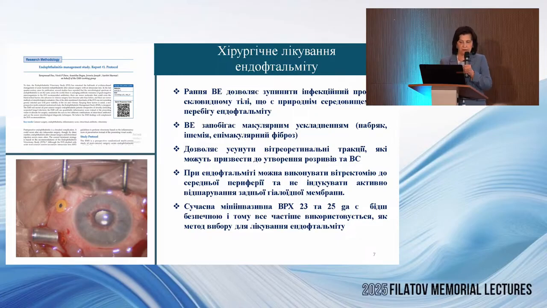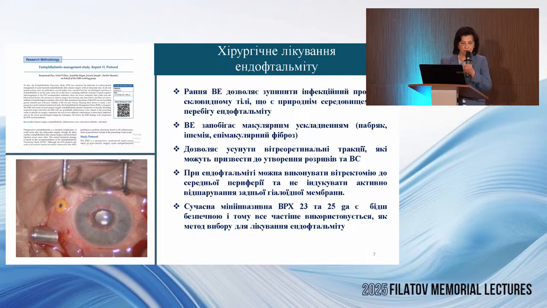Early vitrectomy enables removal of the infection, which is the basis for endophthalmitis, from the vitreous body. It prevents other complications and prevents vitreoretinal tractions, possibly resulting in retinal detachment.